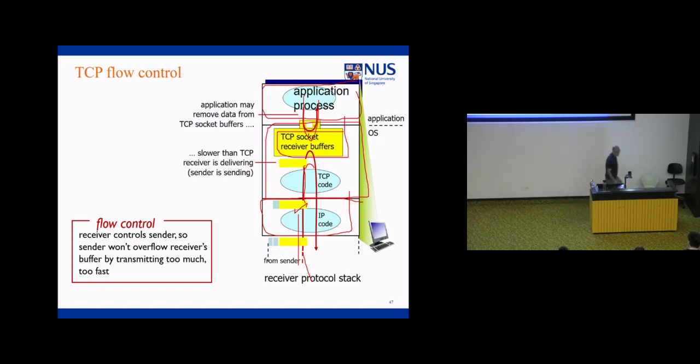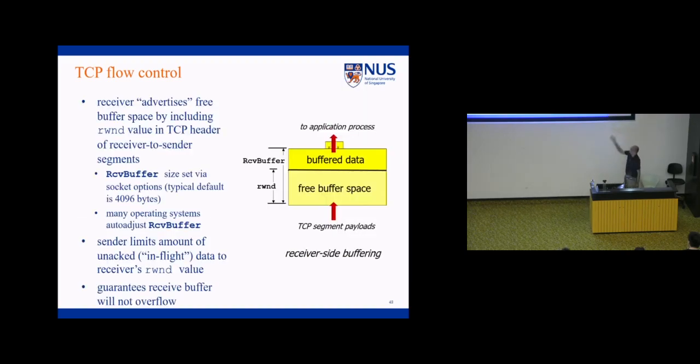So another way of doing this is you think of this memory like this. This is the socket through which the application is reading the data, and this is the buffer that has been given to this particular port by the operating system. When I receive data, I will put it in here. And at any point in time, there may be some buffered data. This is the data that the application needs to pull, and this is the free space.